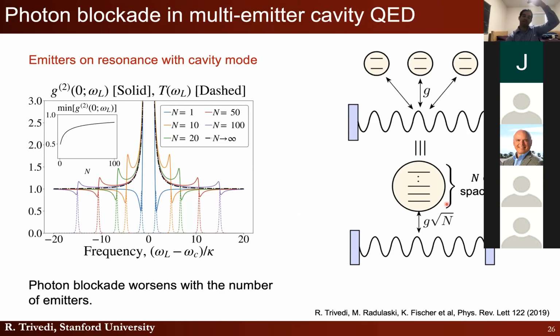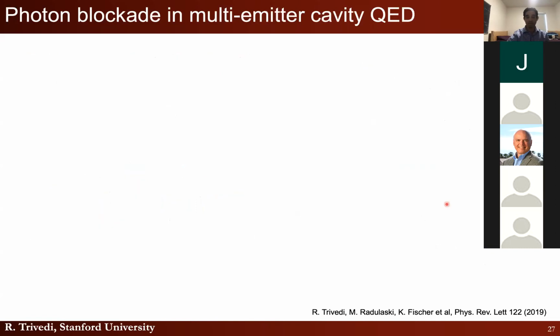It was tending towards the energy level structure of a harmonic oscillator. And then you were essentially left with two coupled harmonic oscillators, which would be a completely harmonic system, and therefore you would not see any photon blockade through the system. So that explains why you can't use these multi-emitter systems for producing photon blockade.